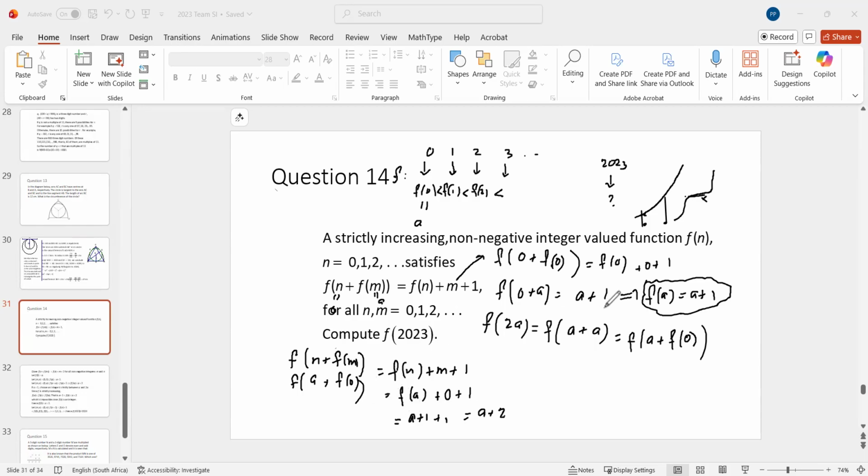So f of 2a, which is equal to this, is really a plus 2. Now you have f of a is a plus 1, and f of 2a is a plus 2.